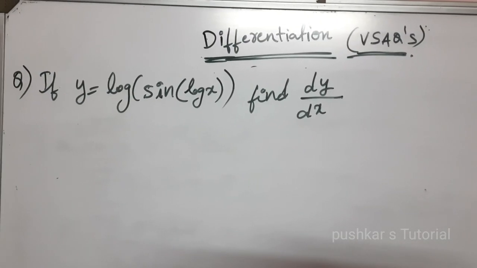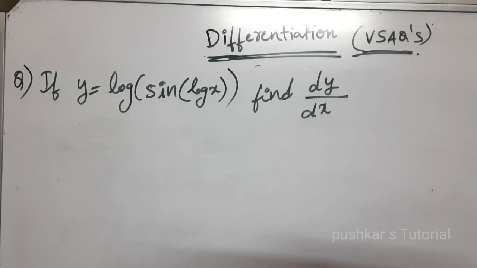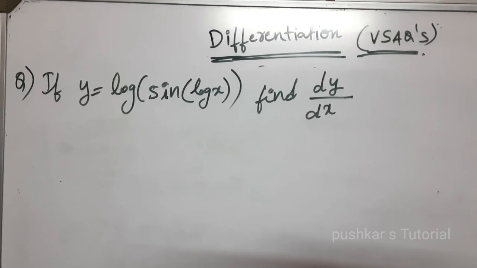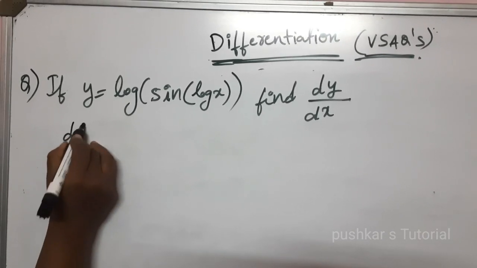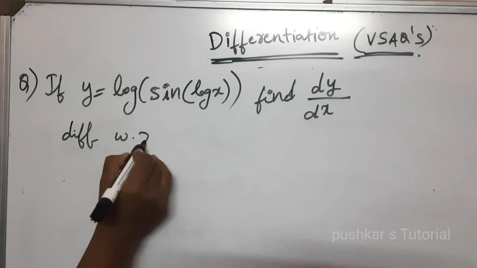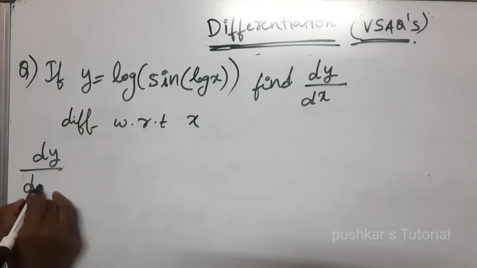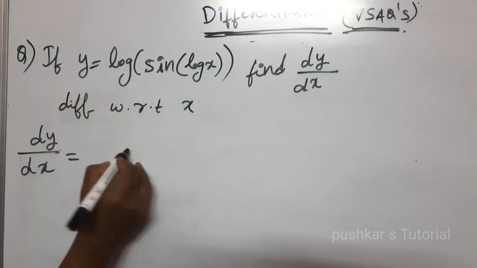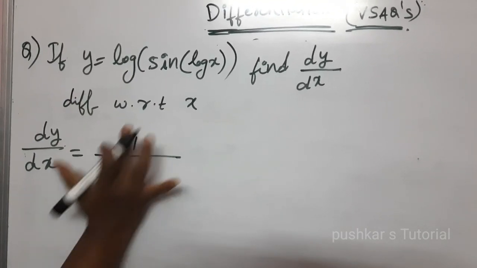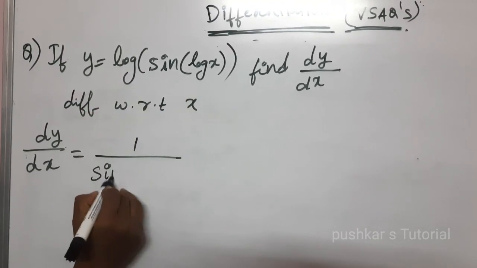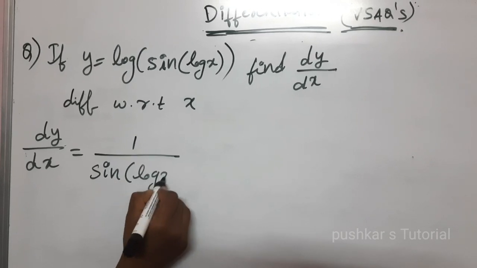If y is equal to log of sine of log x, then find dy by dx. So differentiating with respect to x, dy by dx: log differentiation is 1 by x, with x in the place, sine of log x.